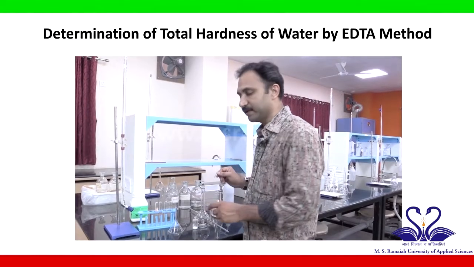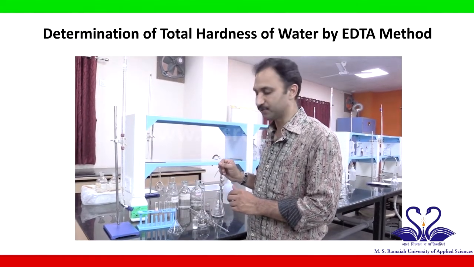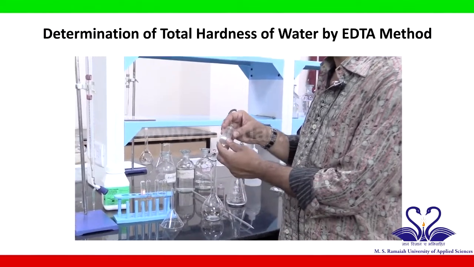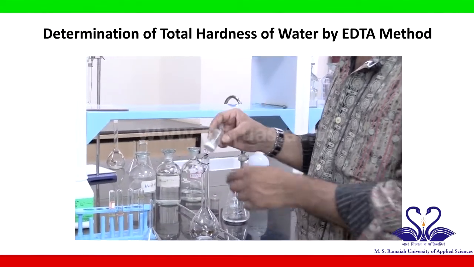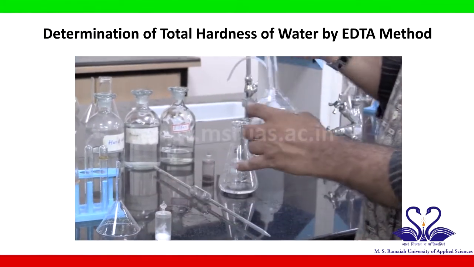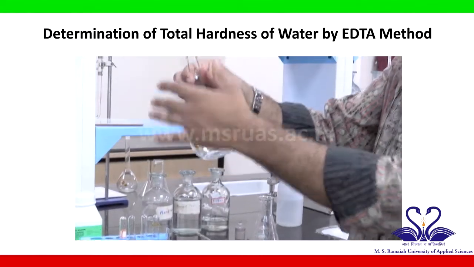So now the first step is to prepare the standard EDTA solution. To prepare the standard EDTA solution, you have to take a known quantity of EDTA and transfer it to the standard flask, cleaned and rinsed with distilled water.